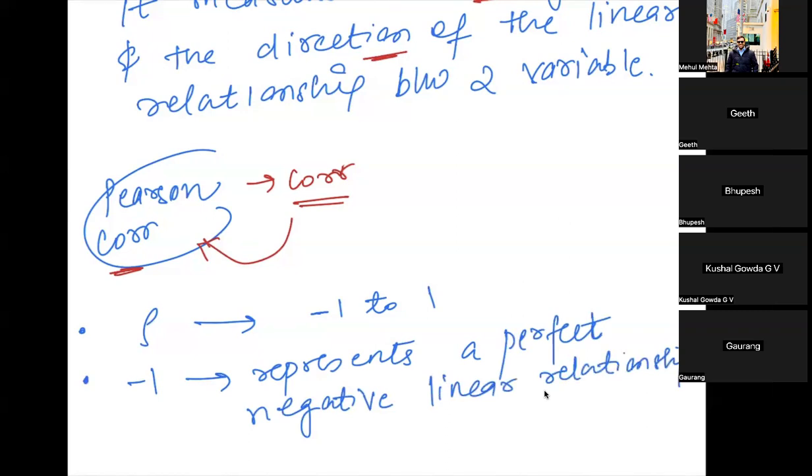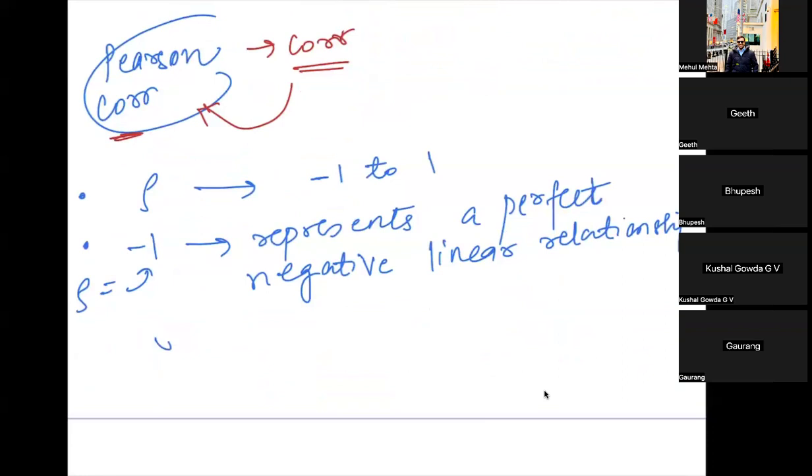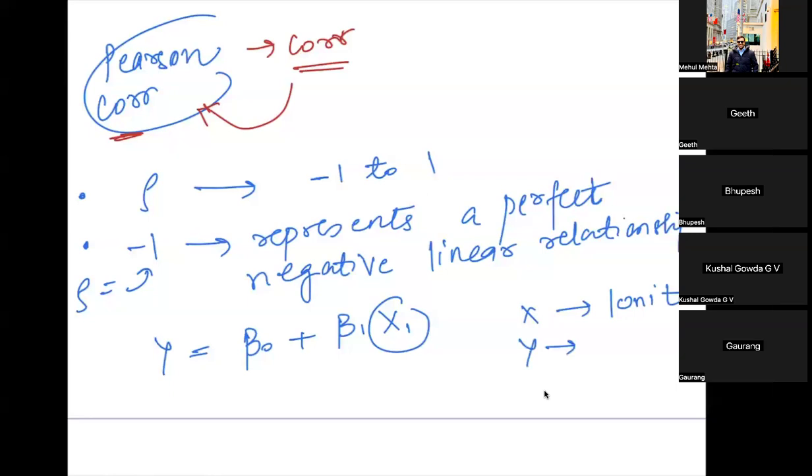It means that if x1 increases by 1 unit, y will decrease by 1 unit.